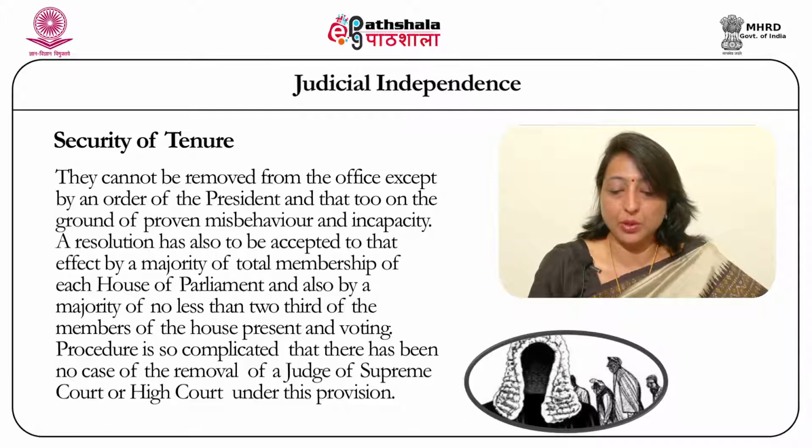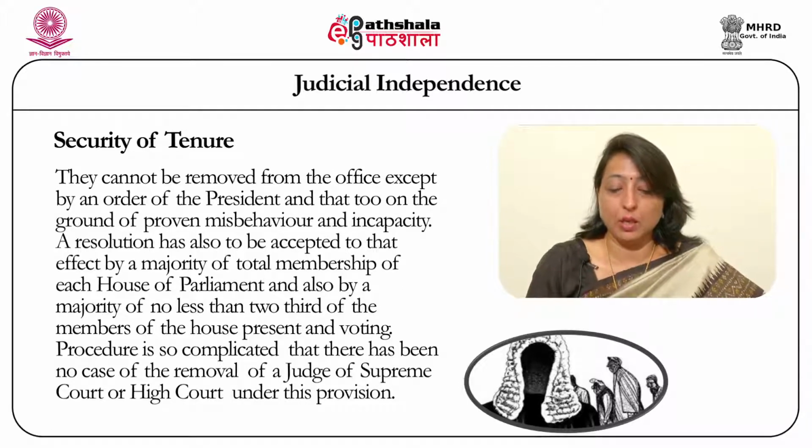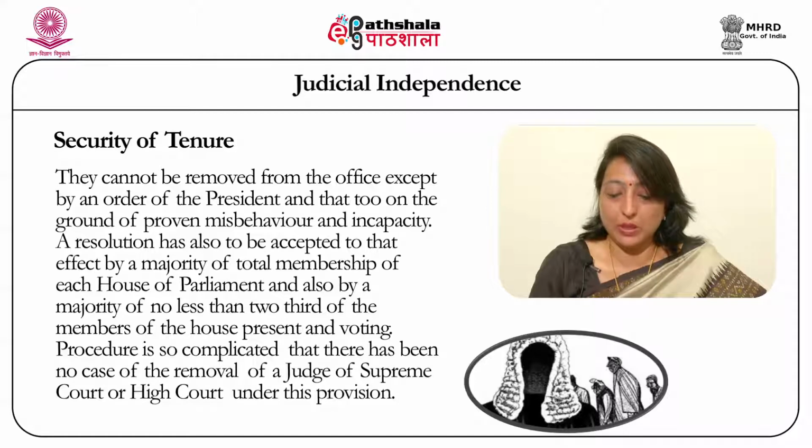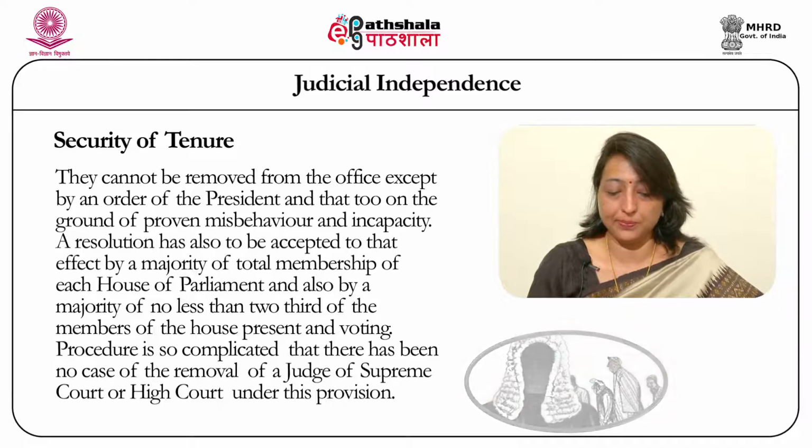A resolution has to be accepted to that effect by a majority of the total membership of each House of Parliament and also by a majority of no less than 2/3 of the members of the House present and voting. The procedure is so complicated that there has been no case of removal of a judge of a Supreme Court or High Court under this provision.